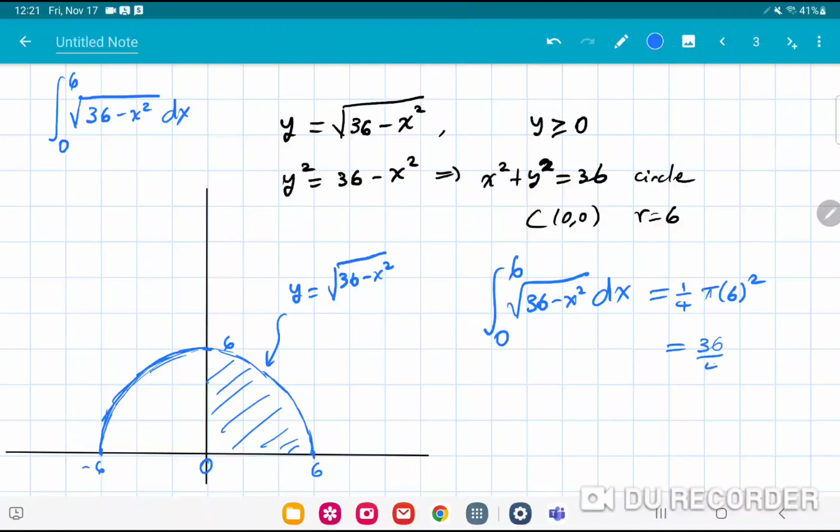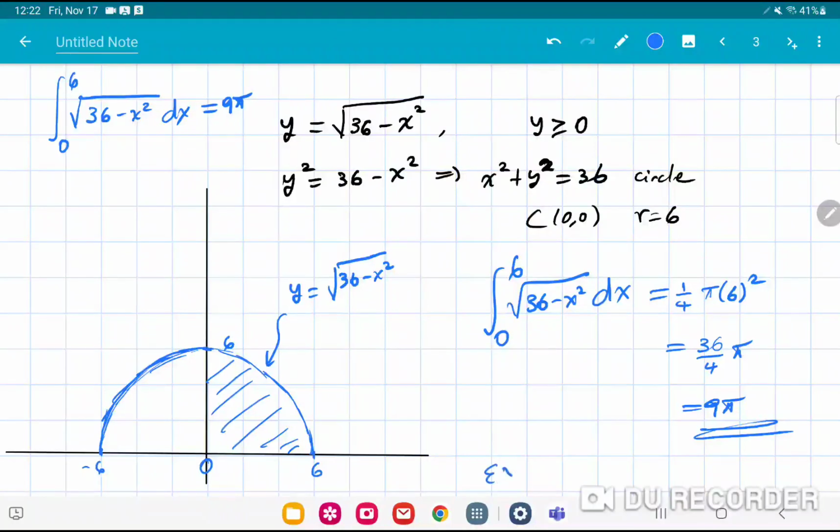That's 36 over 4 times pi. That's 9 pi. And that's the integral from 0 to 6 of square root of 36 minus x squared.